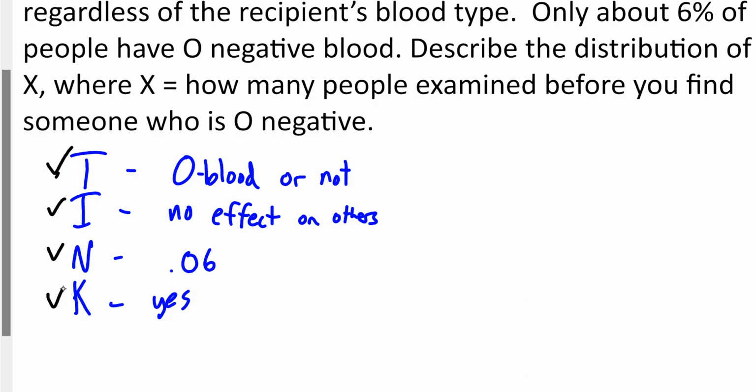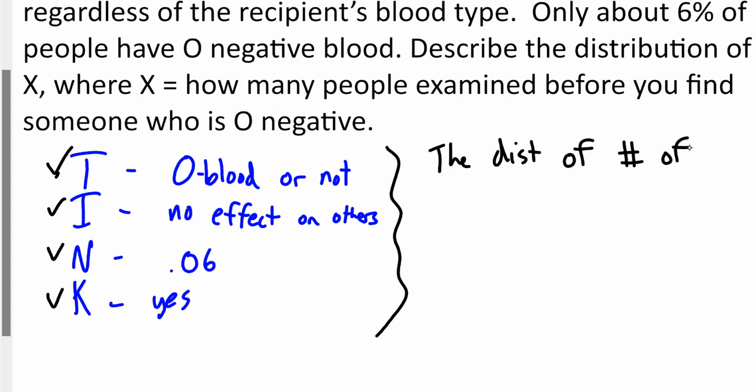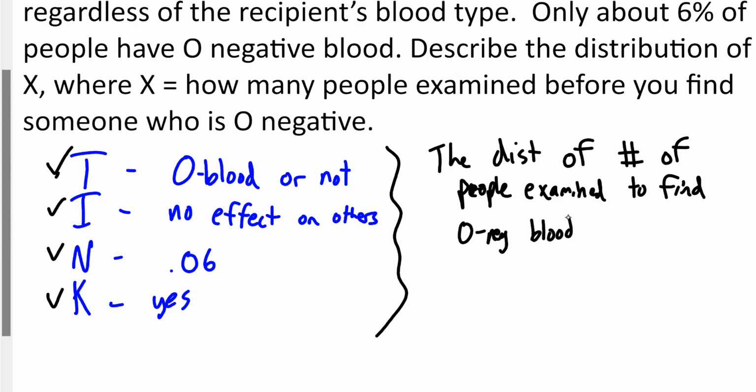Because of that, we can say the distribution of the number of people examined to find O-neg blood is geometric with p equals 0.06.